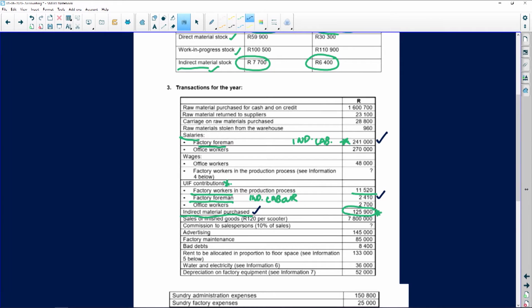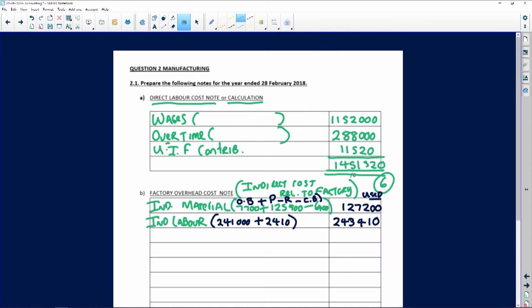So remember, commission is obviously selling and distribution, has nothing to do with the factory. Right, advertising, another expense that has absolutely nothing to do with the factory. So selling and distribution. Then I've got factory maintenance. So clearly factory maintenance, 85,000, relates to the factory. So here's my next overhead. Okay, so factory maintenance, let's fill that in.